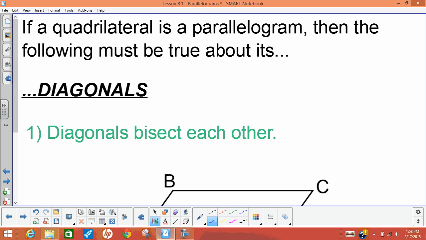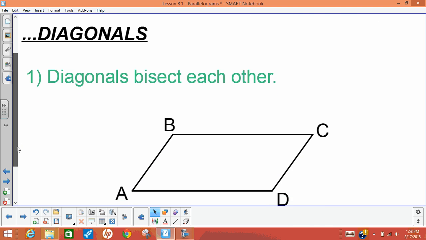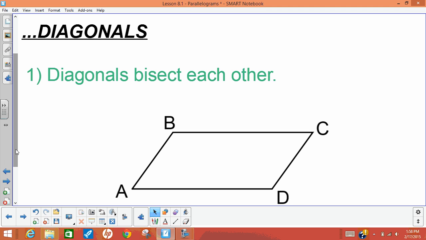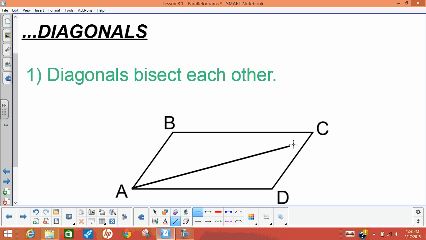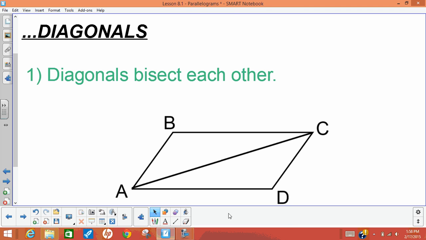And same intro here. We're going to talk about the diagonals. Let's first talk quickly about what a diagonal is. It is a segment that is diagonal. It connects the opposite vertices. So we said in the previous slide that A and C were opposite angles. Segment AC connects those two opposite angles, and that is a diagonal. Every quadrilateral has two diagonals, so the same is true for parallelograms.